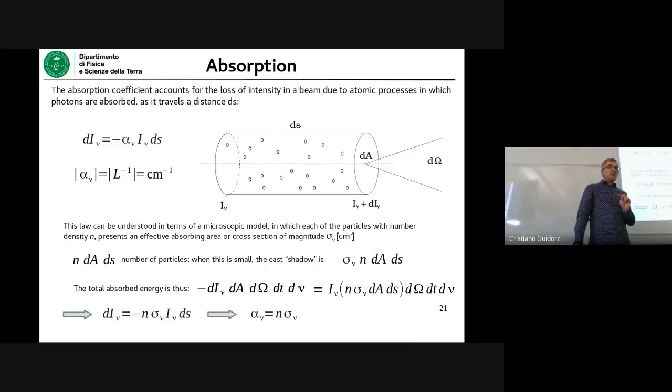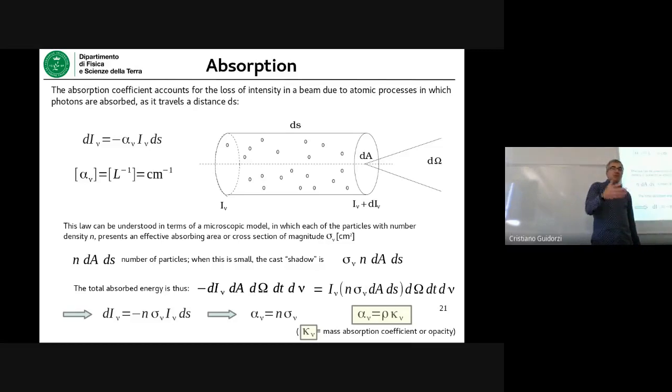If you check the dimensional analysis, n is length to the -3, number over cube volume, times sigma, an area, so 1 over length. And indeed, alpha is 1 over length.